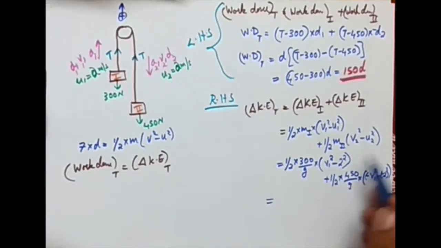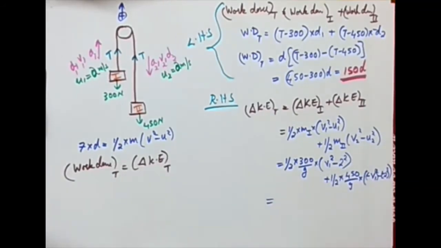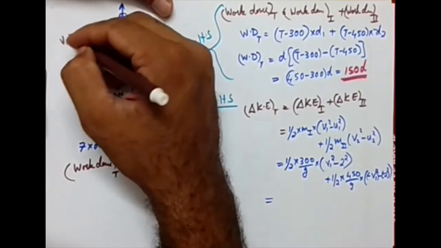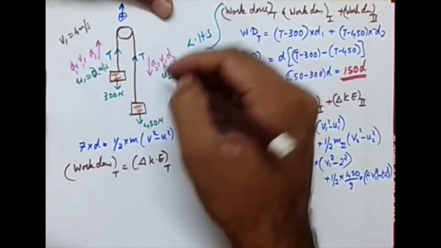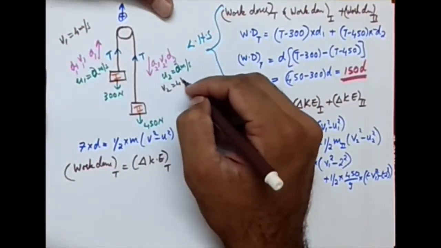So in the problem it is given that the value of V1 is 4 meter per second, and V2 is also 4 meter per second.